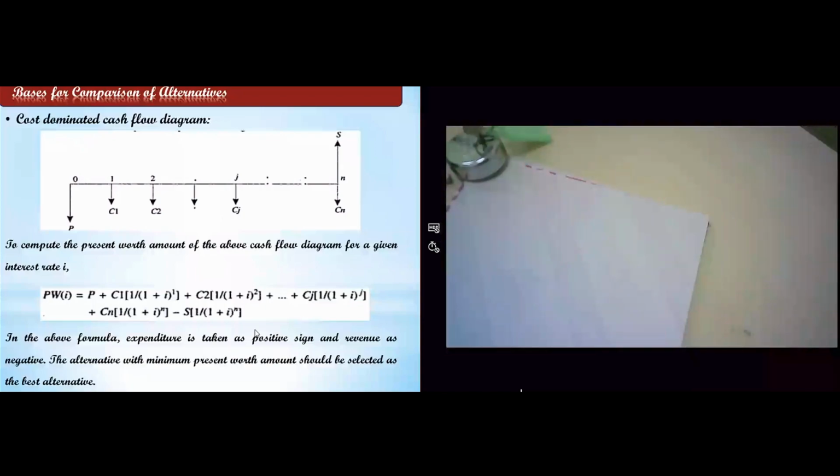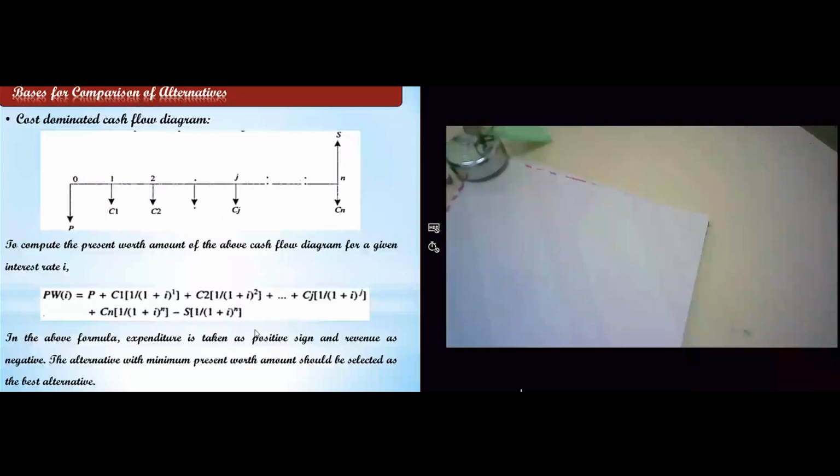One important thing is when you calculate the present worth, you have to see which alternative is selected. You have to mention that for every numerical. You have to write the inference, which alternative among the two alternatives is preferred or selected. So that you have to mention always.